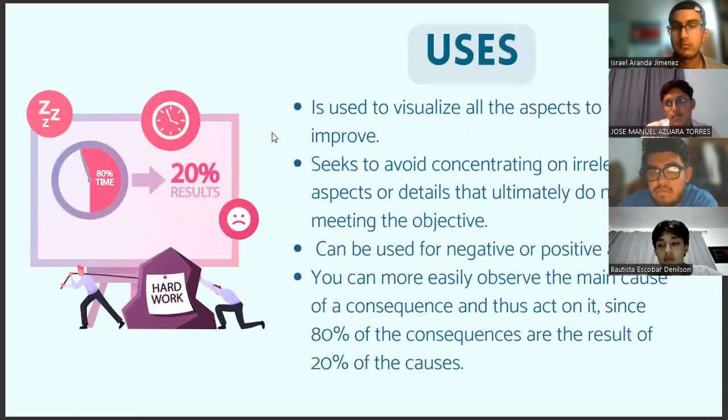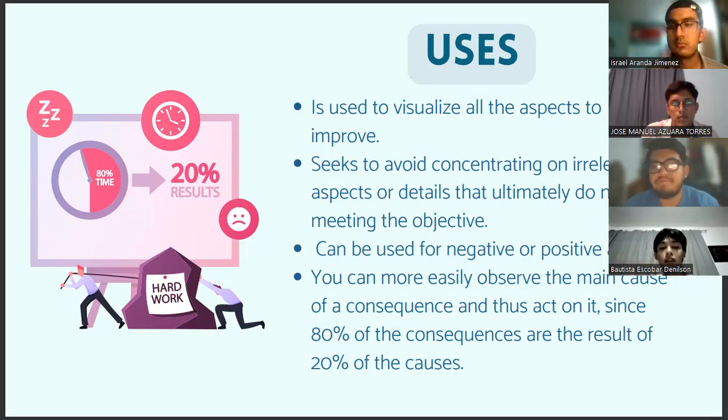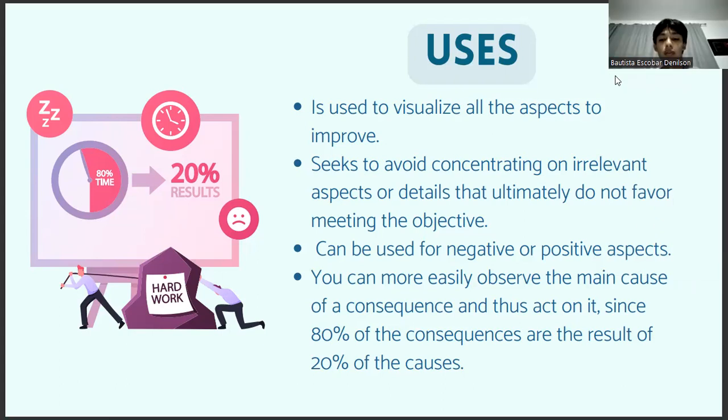Next. Okay. The uses of a Pareto diagram are to identify the causes of the problems according to the level of importance of the problem.